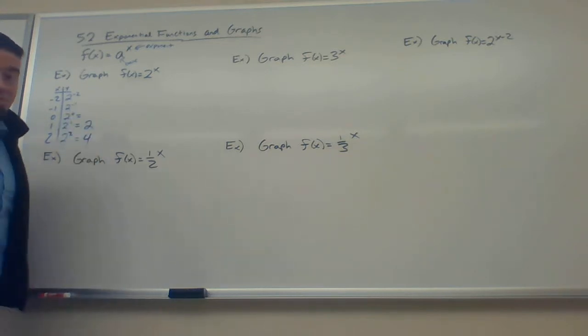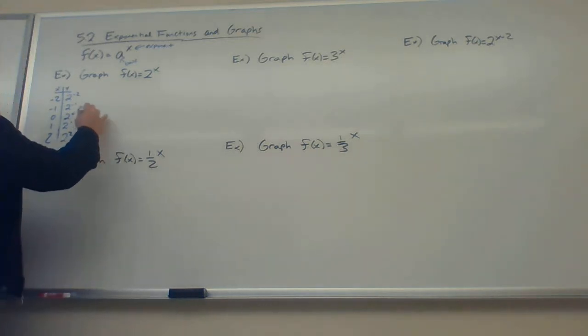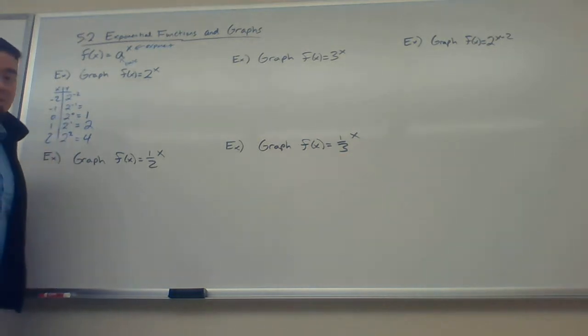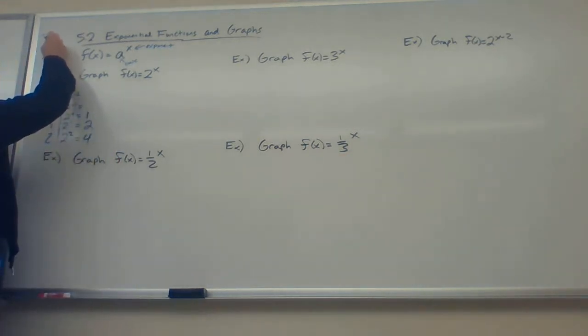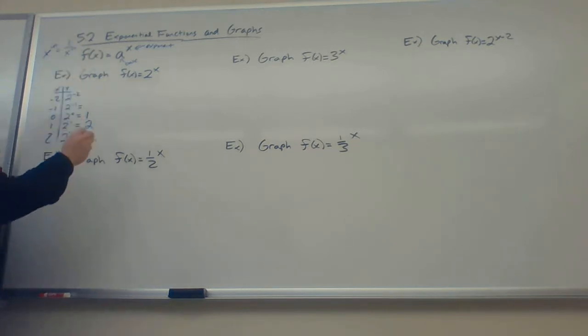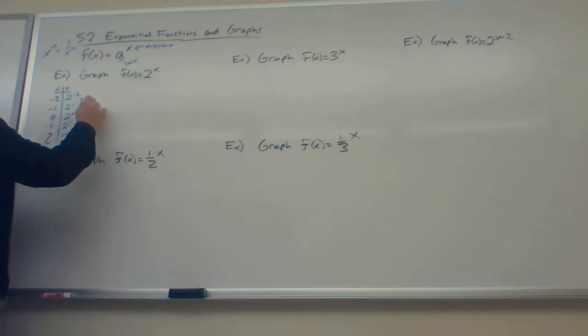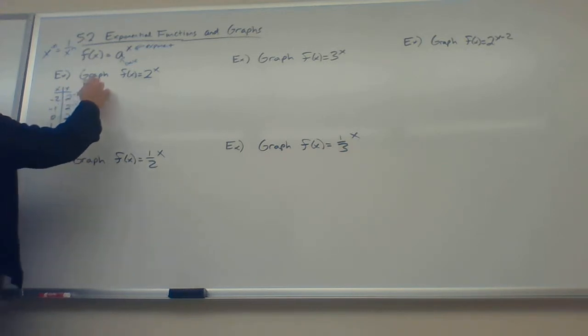You know what 2 to the 0 is: anything to the 0 power is always 1. 2 to a negative exponent, if you recall, is 1 over 2 to the positive of that exponent. So this is 1 over 2 to the first power, and 2 to the negative 2 is 1 over 2 squared, which is 1/4.